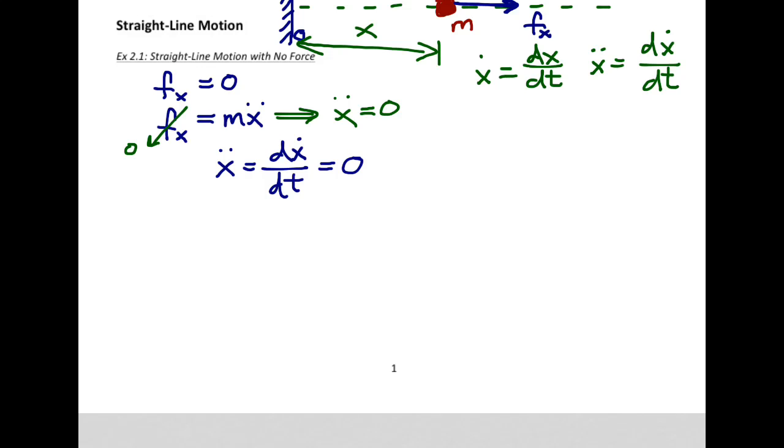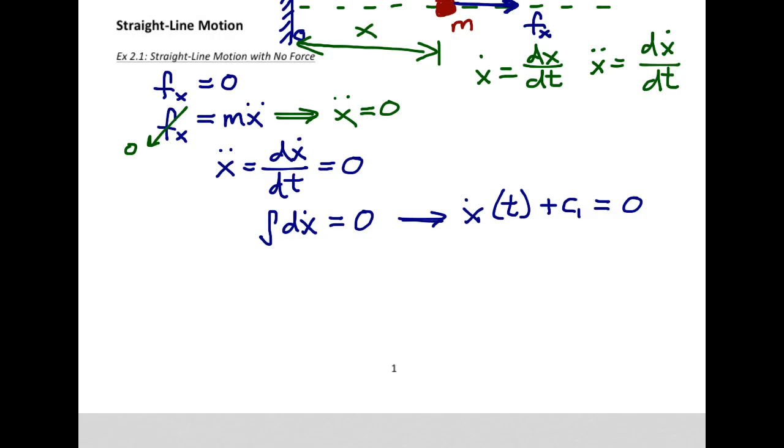And so if we integrate, we get the integral of d(x dot), multiplied through by dt using our Leibniz notation, and that is equal to 0. When we integrate this, we get x dot, and I'll put in the time t, showing it's a function of time, and we have to have an integrating constant. So there's our constant c1, and that's equal to 0.